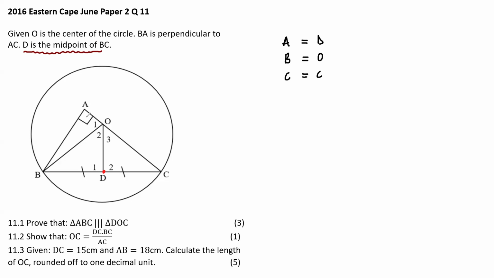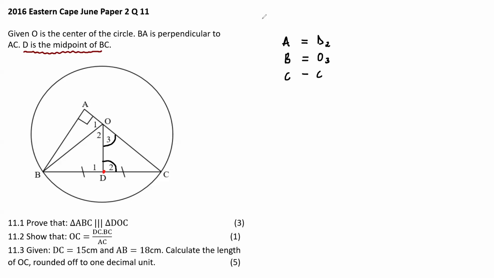Now, A is 90 degrees. This is A, all of A, B, the whole of B, C, the whole of C. Then for DOC, I think it's D2, O3. So D2, then O3, then C.